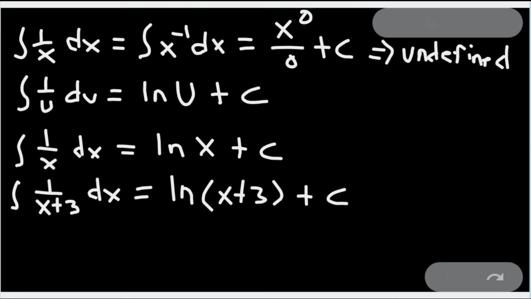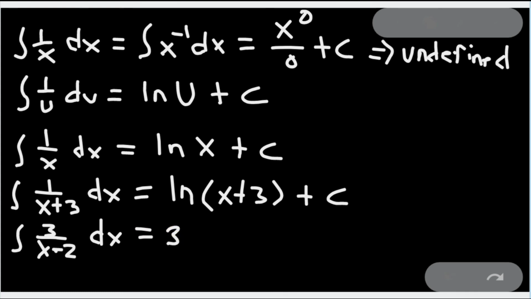Let's try another example. What if we have 3 over x minus 2 dx? The first thing that we need to understand is that the 3 in the numerator is a constant. So what we need to do is just simply put it on the left side.